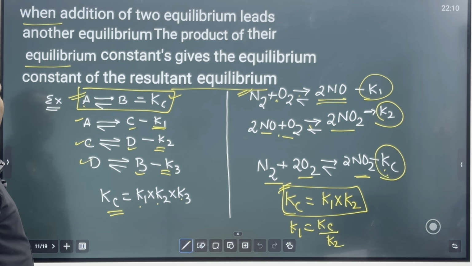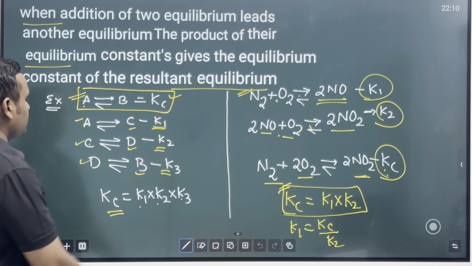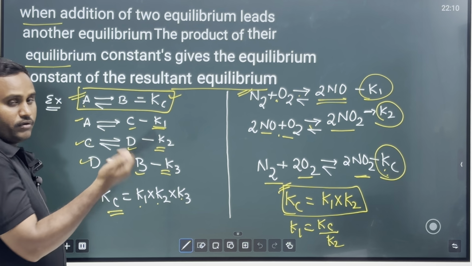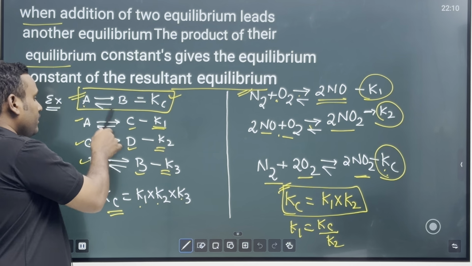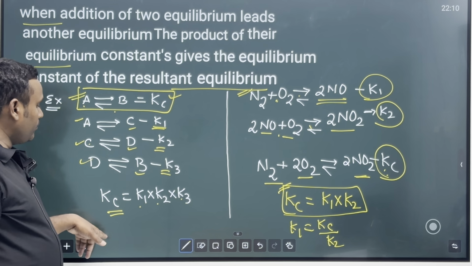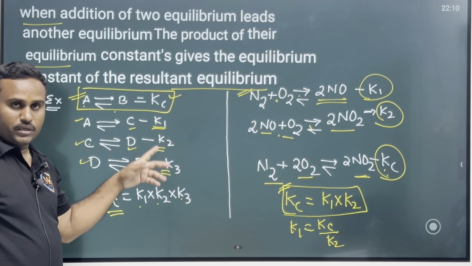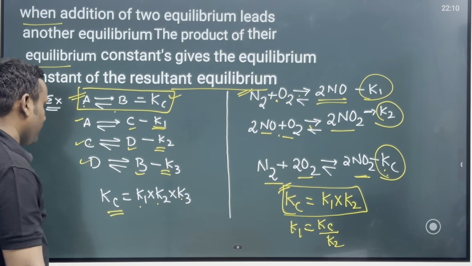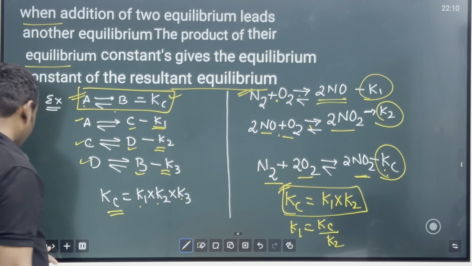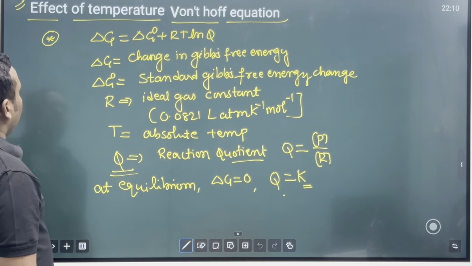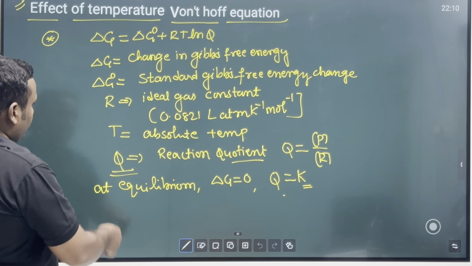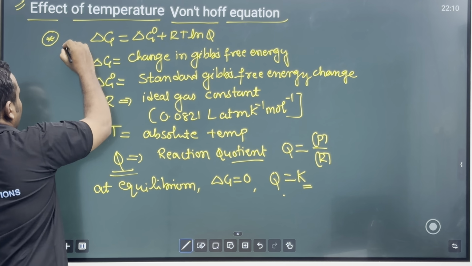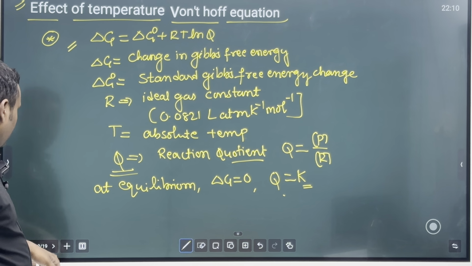Next, another factor: when equilibria are added, we get a new equilibrium. The new equilibrium constant is equal to the product of the old equilibrium constants which we added. Next, effect of temperature: we are going to derive the thermodynamic relation directly.